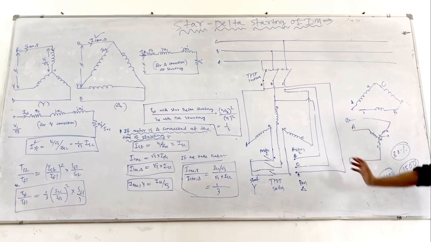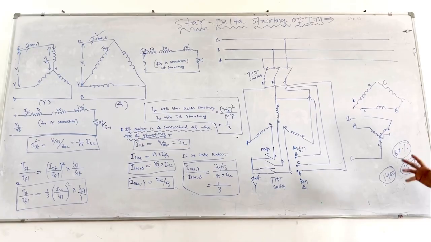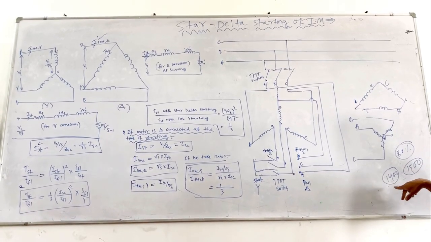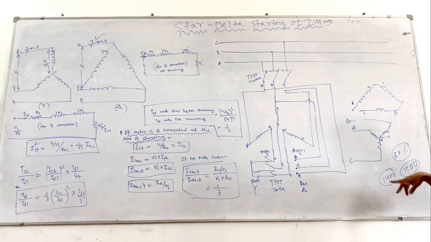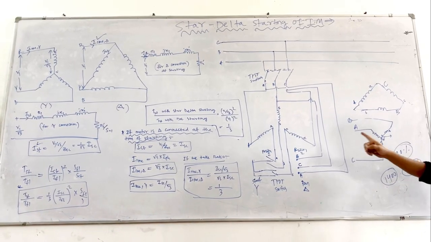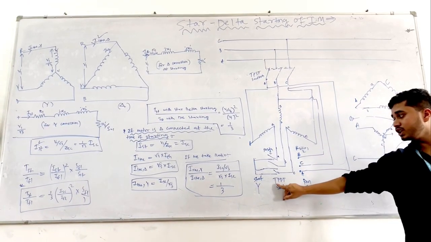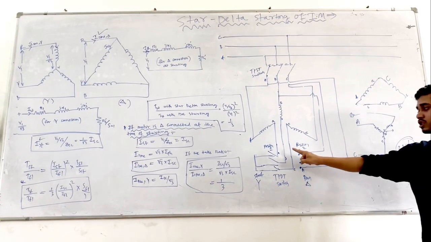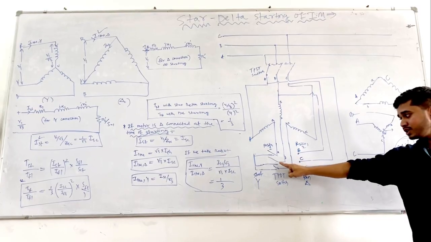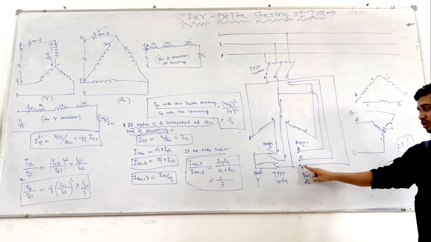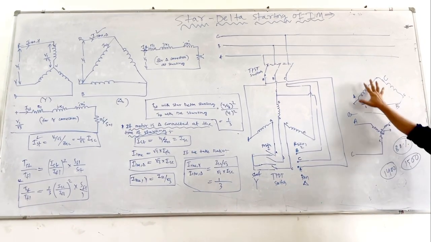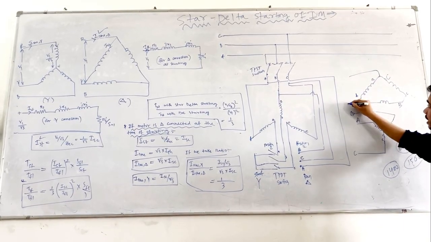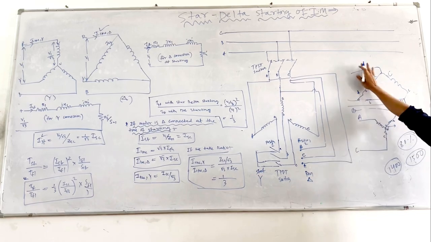Then when the motor speed reaches 80% of its rated speed, like if the rated speed is 1500 rpm and the motor is now revolving at 1400 rpm, you can switch from position 1 to position 2 with the help of this TPDT switch. When you move from position 1 to position 2, small a is connected to capital B, small b to capital C, and small c to capital A. In this way you have made a delta connection, and the supply is already connected.